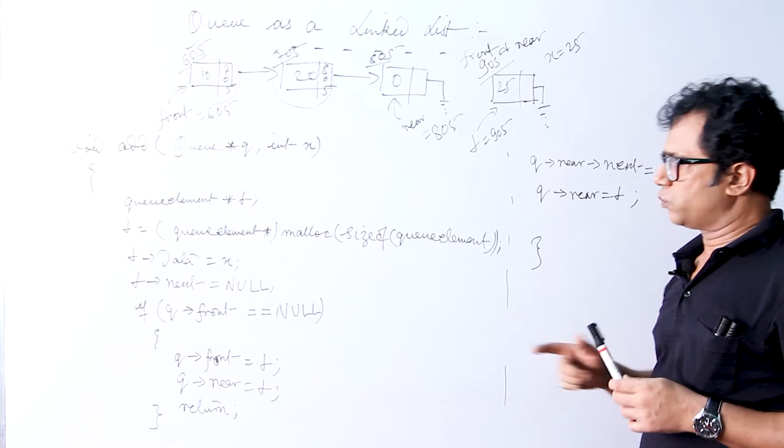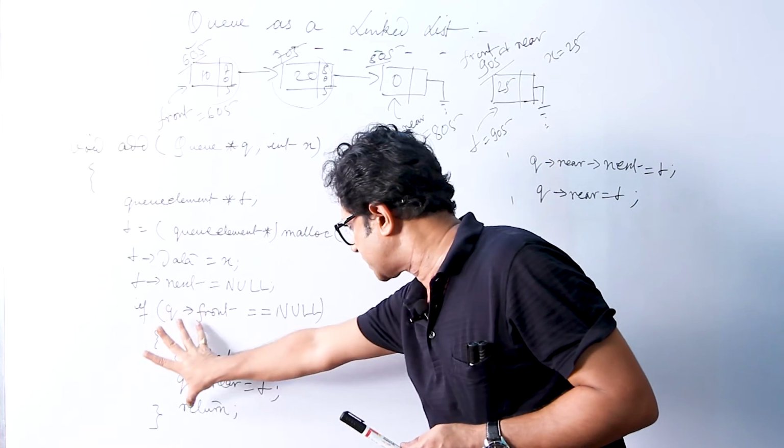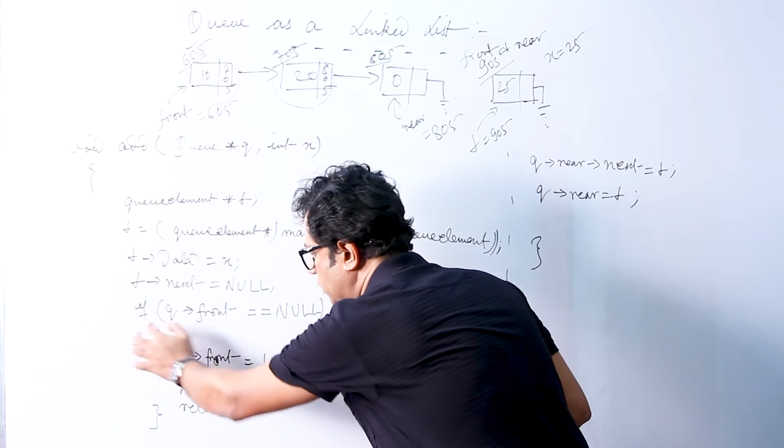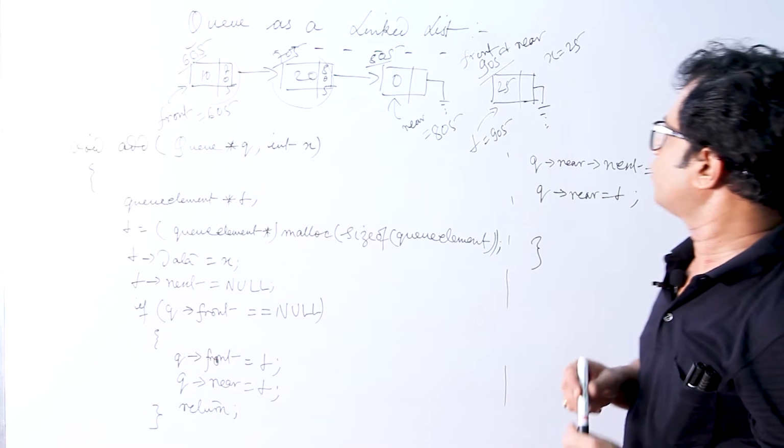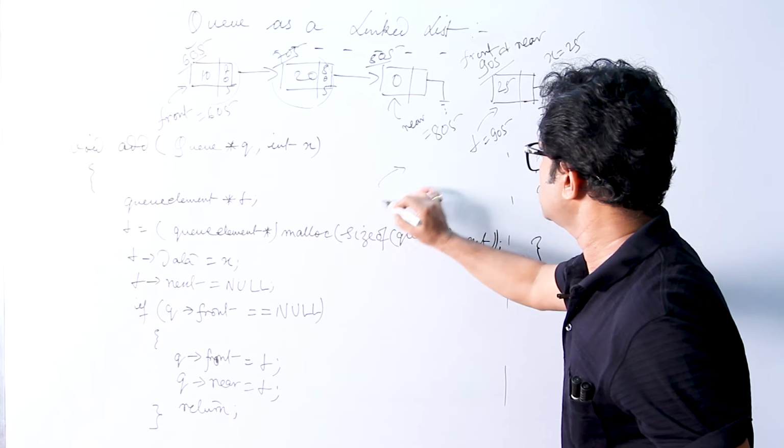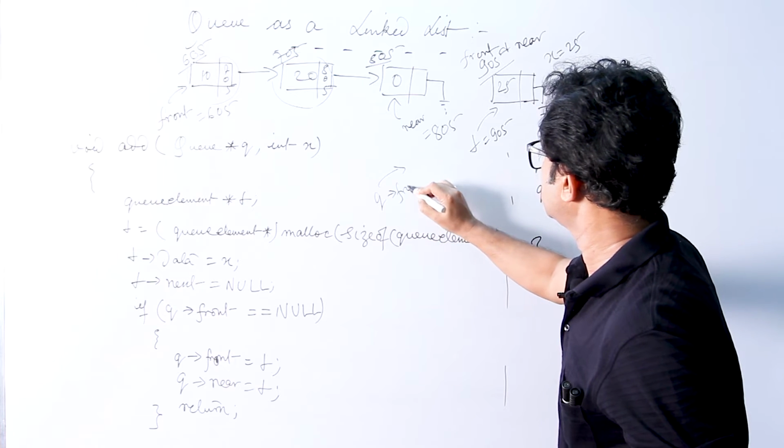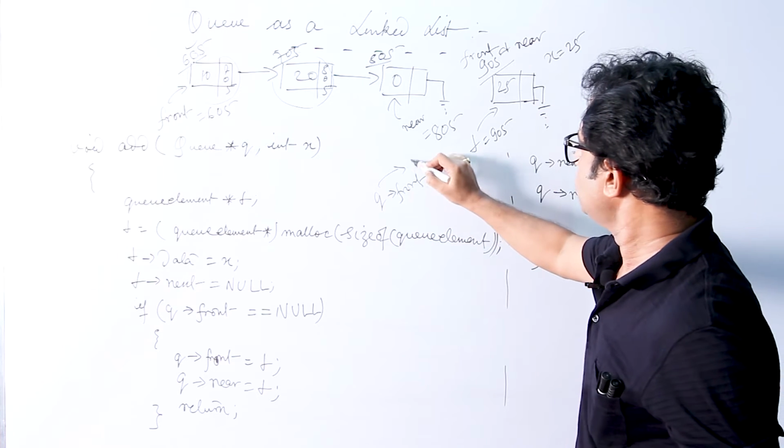We have dealt with that case in this section of code where we have written if queue front equals null. If queue front equals null, suppose queue front is this one and it points to null.